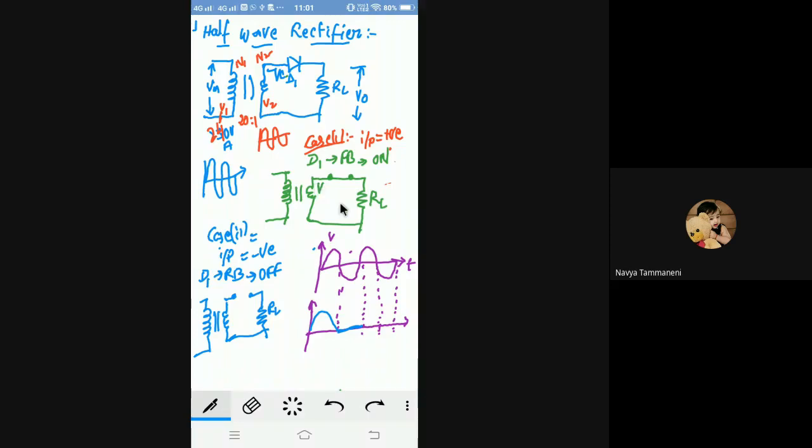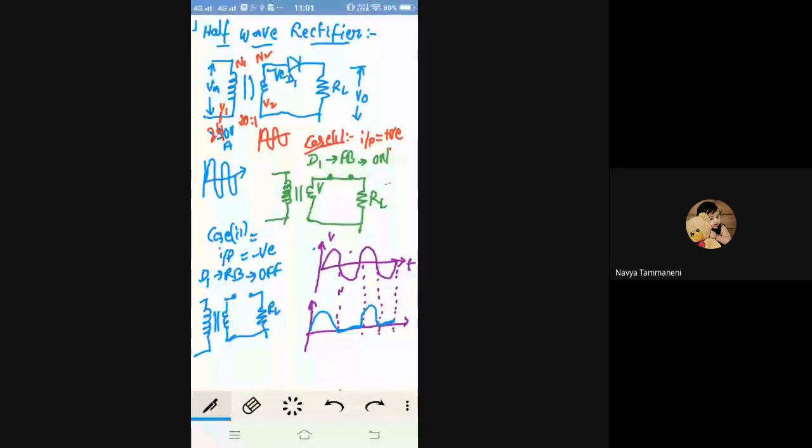Again when I give a negative half cycle, diode D1 is in reverse bias condition, acting like an off switch. Again there is no path from input towards the output side. So this is our output waveform of a rectifier.